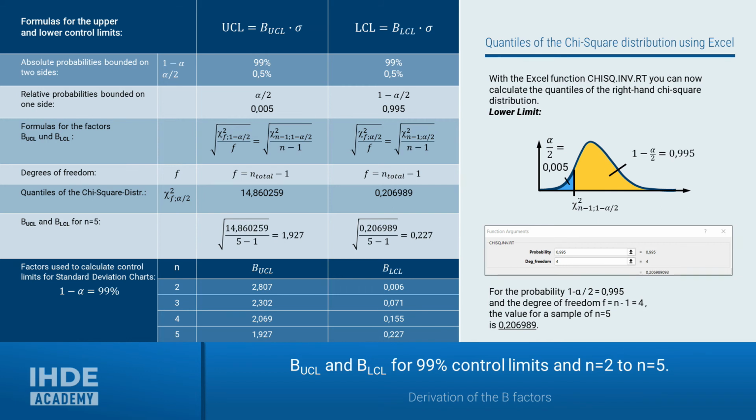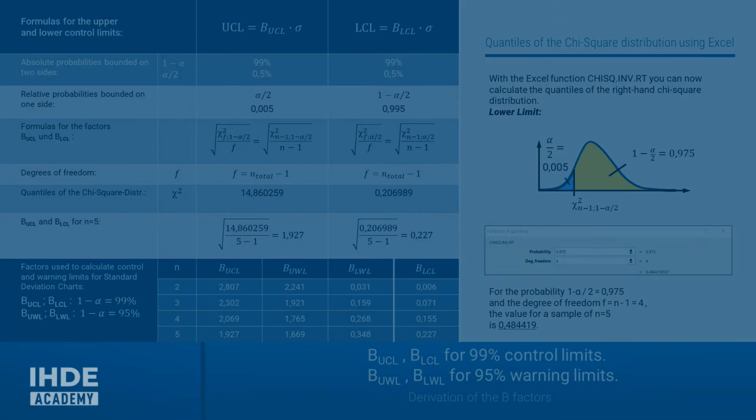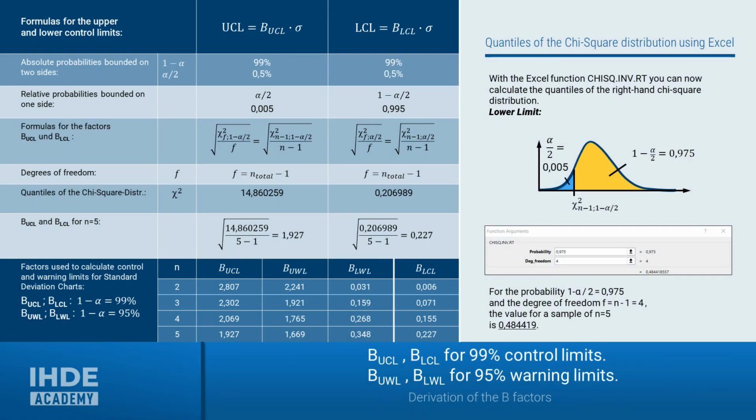For different sample sizes, there are logically different values for b. The table has been supplemented accordingly. The b-factors for the control limits were calculated for a non-interference probability of 99%.